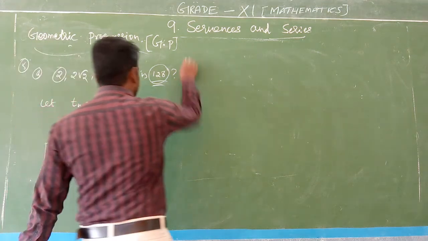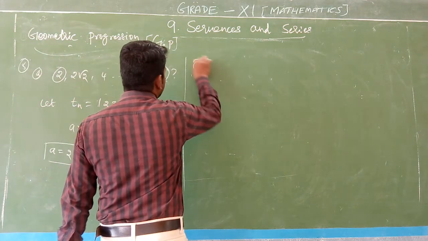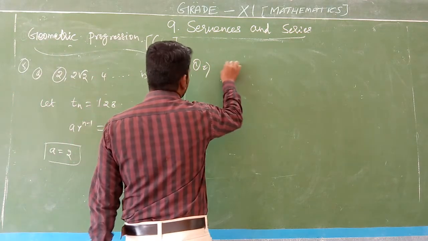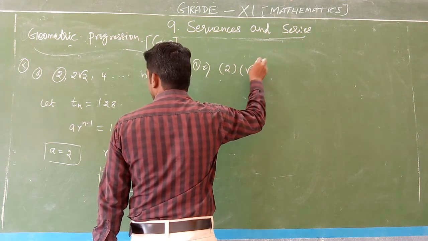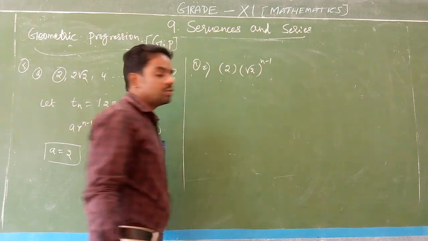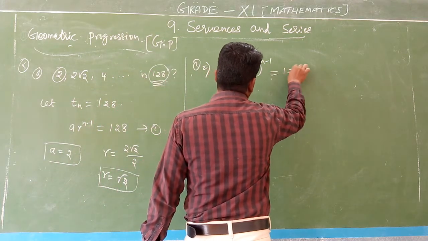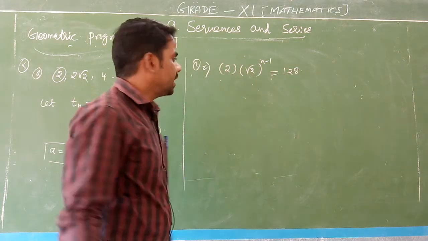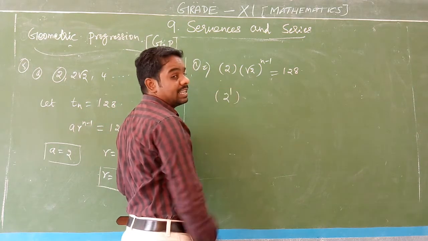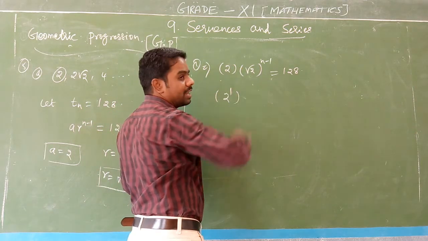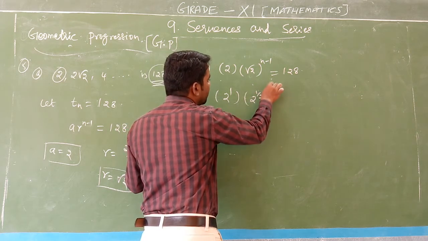Substitute the a and r values in equation number 1. So 2 into root 2 power n minus 1 equals 128. 2 is written as 2 power 1, and root 2 power n minus 1 is written as 2 power 1 by 2, whole power n minus 1.